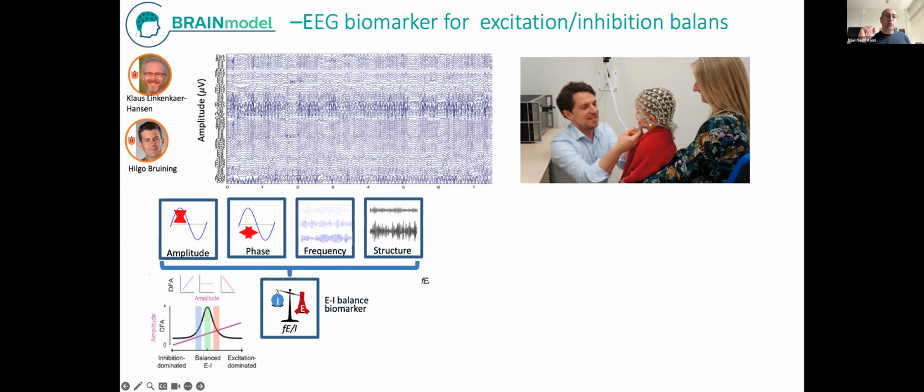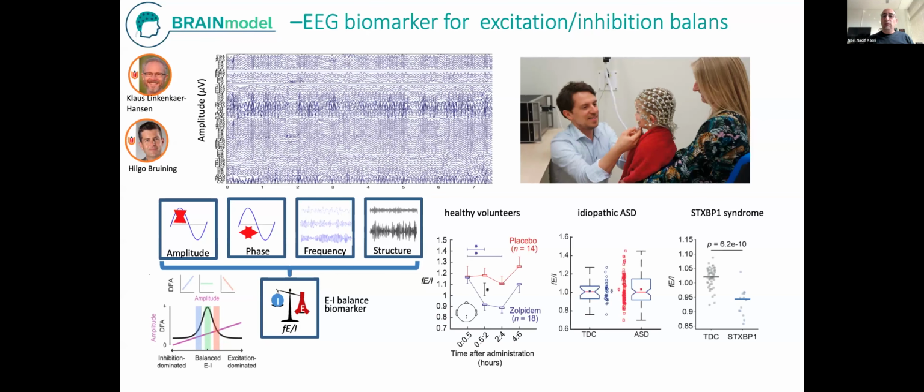Now, this slide is maybe a bit technical, but it shows that they have developed tools to look at this excitation inhibition balance based on EEG markers. That's of course very important because the idea is to measure this excitation inhibition balance from the EEG in the patients, but then also measure it in the dish and make the correlation between both. And just to show you here, for example, if you give zolpidem, you can change this ratio.